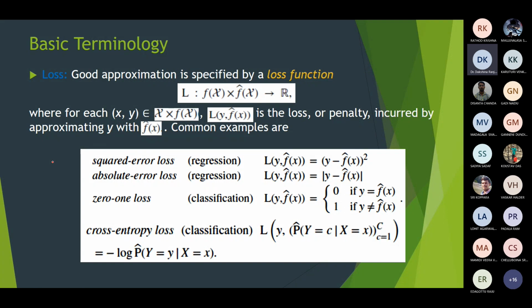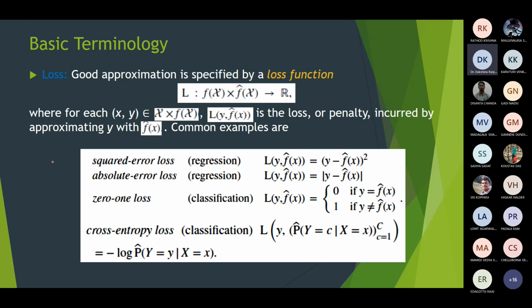Then we have the 0-1 loss function. In the 0-1 loss function, if we get a matrix as outcome, then in the square matrix we have the diagonal values as 0, and elsewhere the values will be 1. Whenever the loss is 0, that means the deviation is nil, so y is the same as the approximated function.